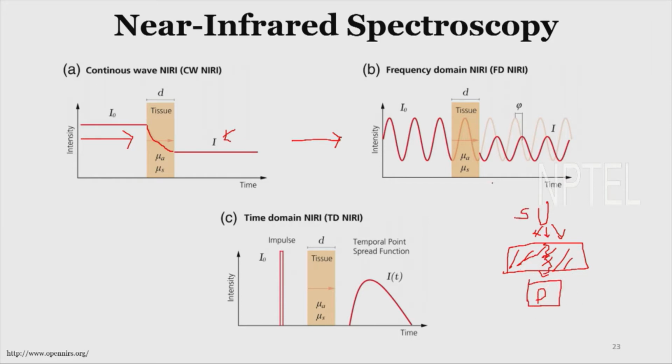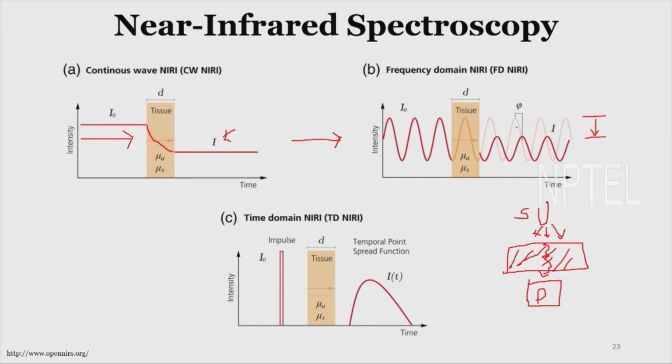In the second case we use a sine wave or harmonic input to excite the source. After it passes through the tissue there are two things. The first is that the intensity has now reduced, which gives you information about the attenuation of the light intensity.